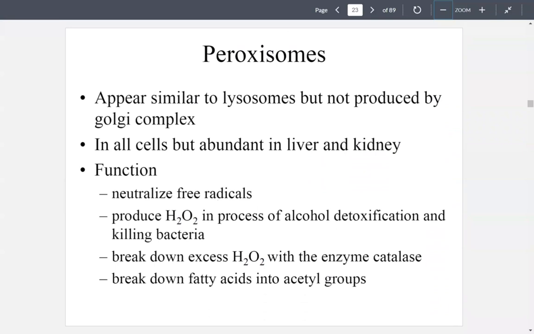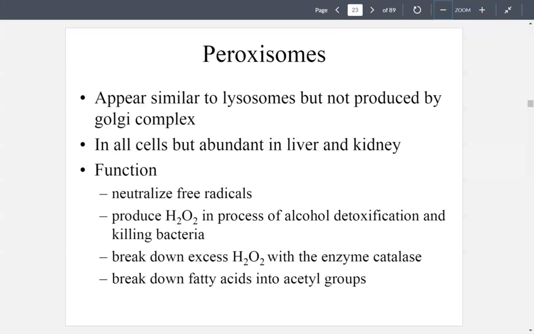So, in order to get rid of hydrogen peroxide so it cannot kill the cell, we need to have an ability to break it down. Why does this matter? We don't drink hydrogen peroxide. That would be true. However, hydrogen peroxide is created as a byproduct of a bunch of natural processes that our cells do in order to survive.